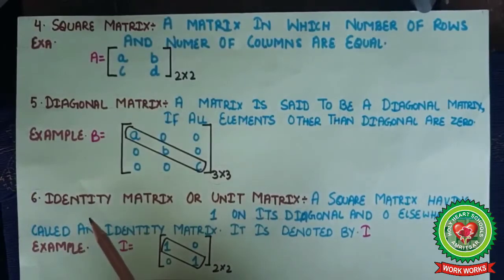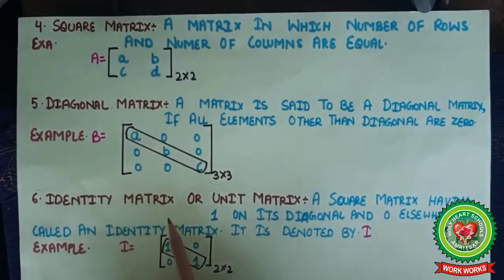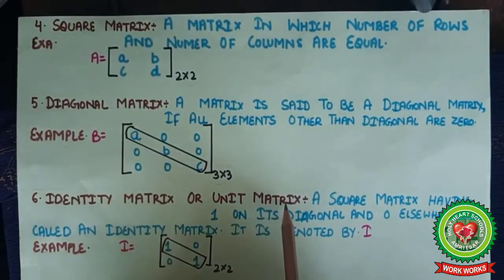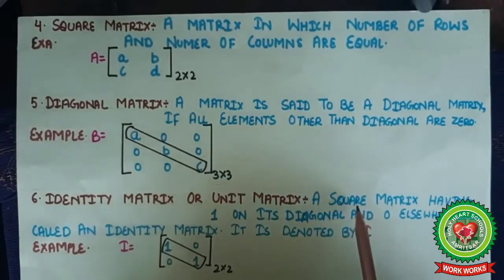Now sixth type of matrix is identity matrix or unit matrix. What is identity matrix? It will be a square matrix having 1 on its diagonal and 0 elsewhere. It is denoted by I. Here I have taken the example, 1 0 0 1.